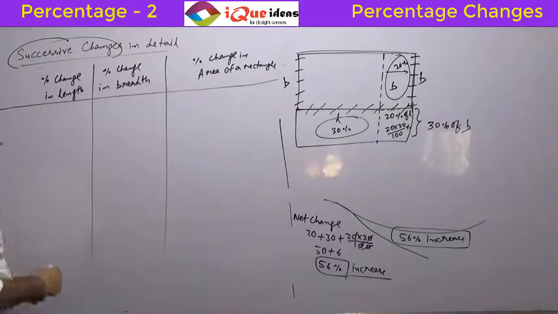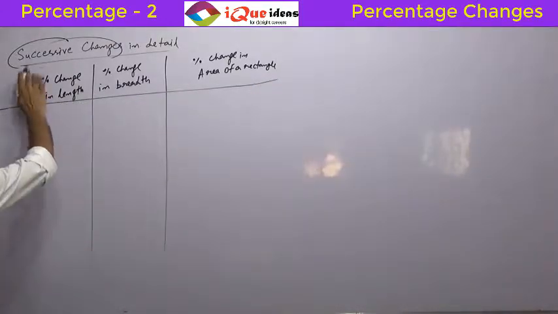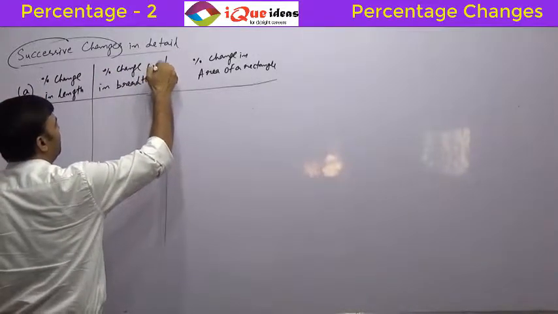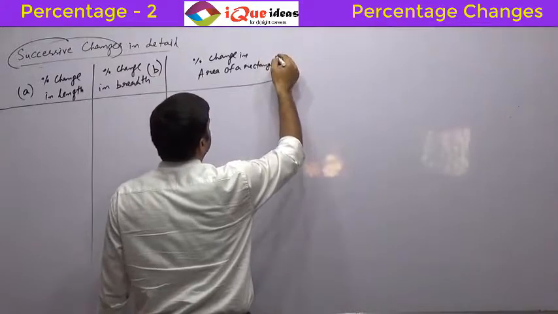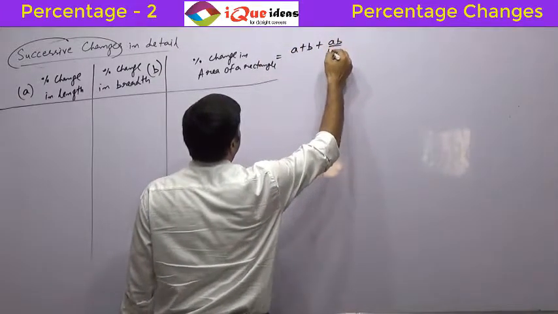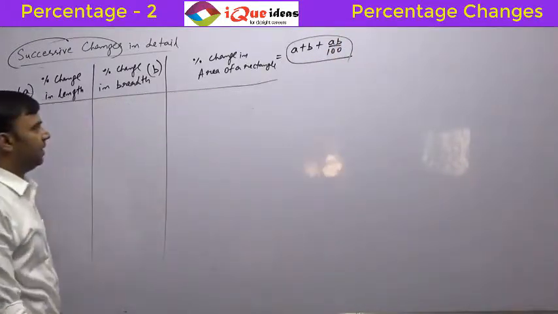So let's take questions one by one. You have to remember, if the percentage change in length is given as A% and the percentage change in breadth is given as B%, the percentage change in area is directly calculated as A plus B plus A into B by 100. No other thought should come, right?